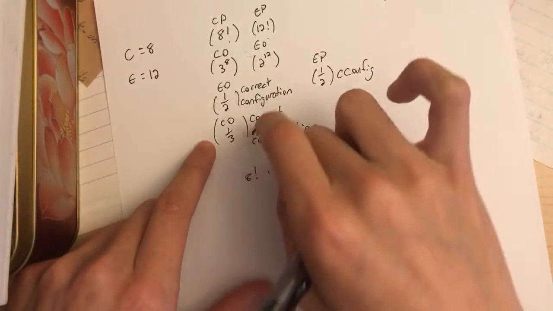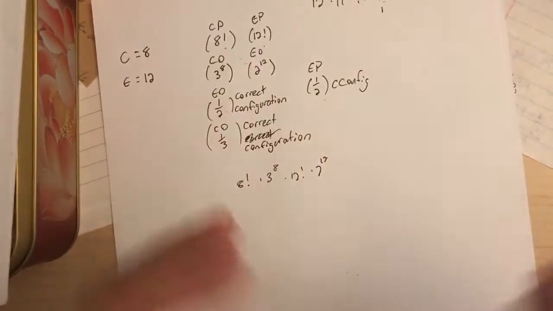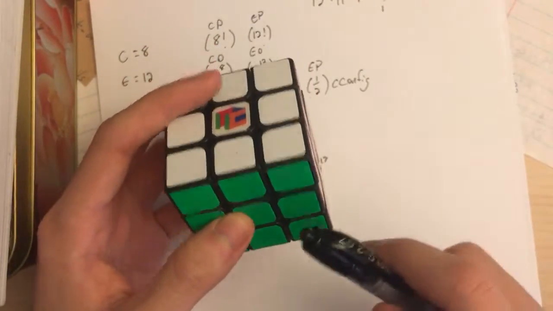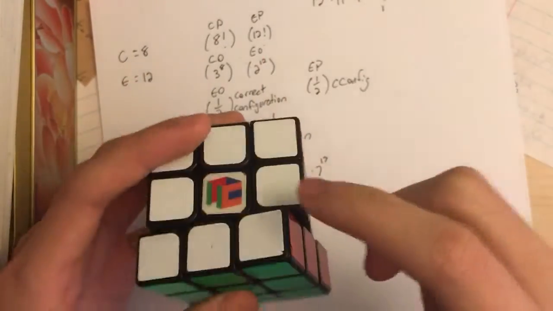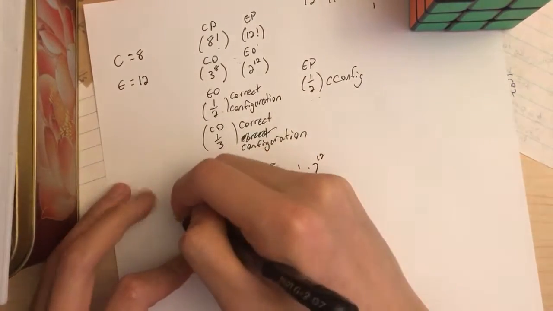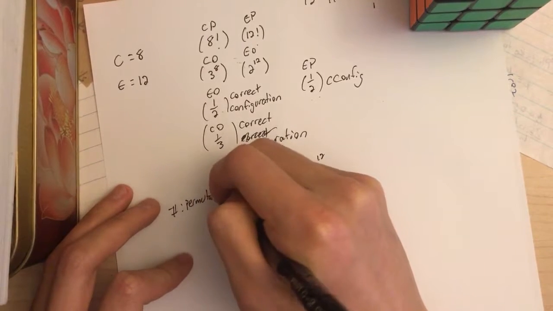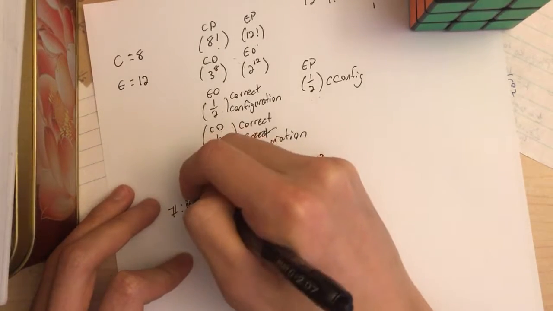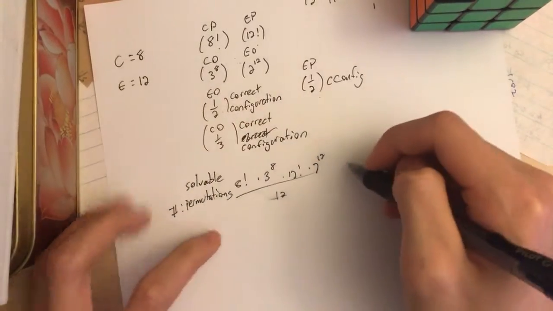And since only 1/2 of 1/2 of 1/3 of all those configurations is actually part of this group, which is the actual solved Rubik's Cube and not one of these twists or whatever, we have to divide all this by 12. And this is the number of solvable permutations.